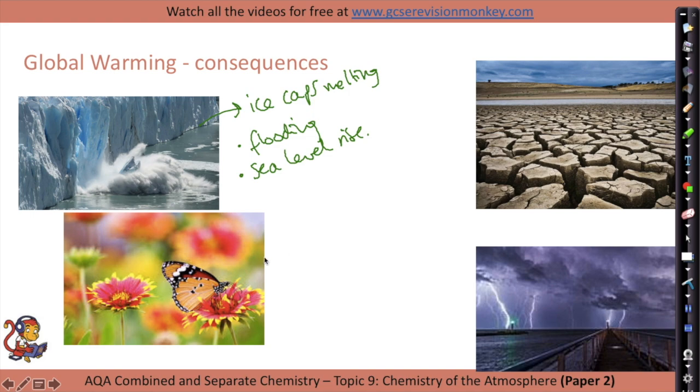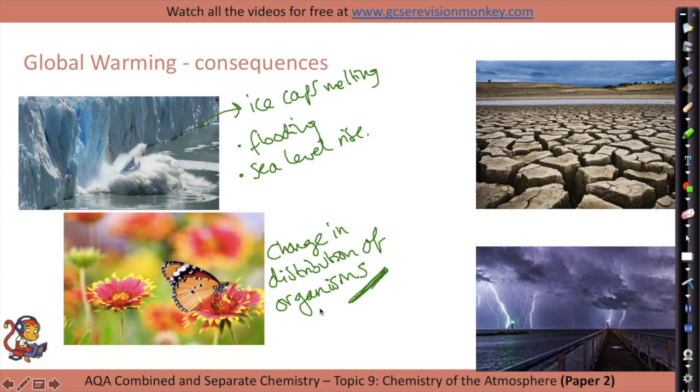So even a slight change can mean they can't tolerate particular areas that they're used to. So we see a change in the distribution of animals. It's not just animals, it can be plants as well. If they're not adapted now to the change in the environmental conditions, they won't survive in certain places anymore. So we see a change in their distribution.